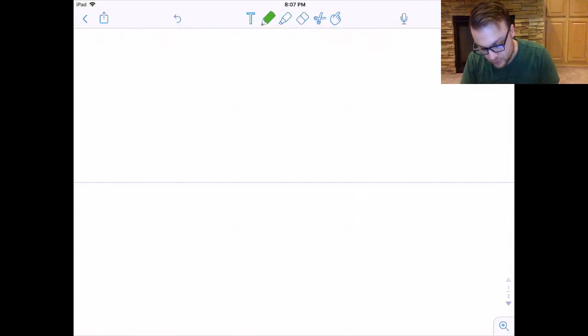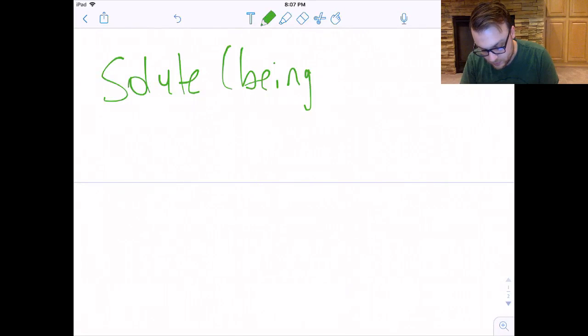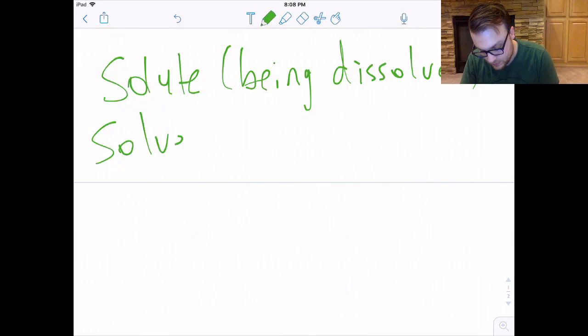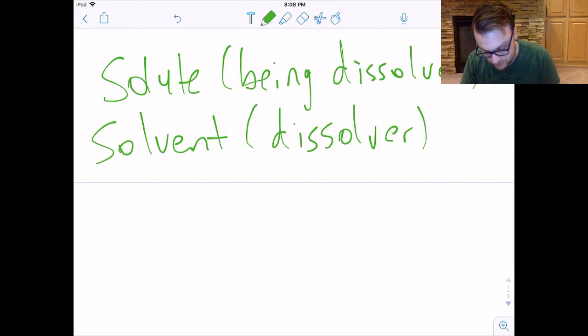When you have a solution, you have a solute, which is being dissolved, and a solvent, which is what's dissolving, or the dissolver, and those come together to form a solution.